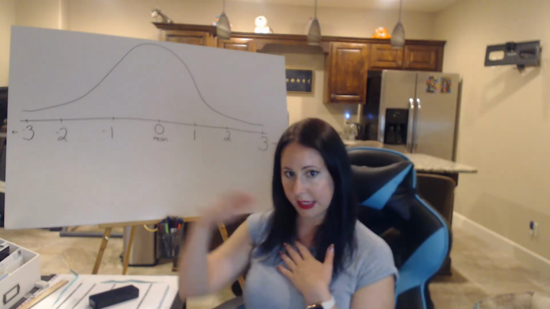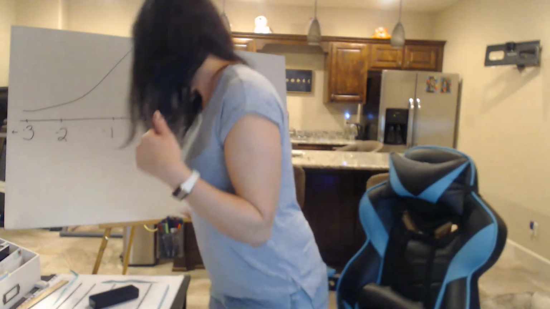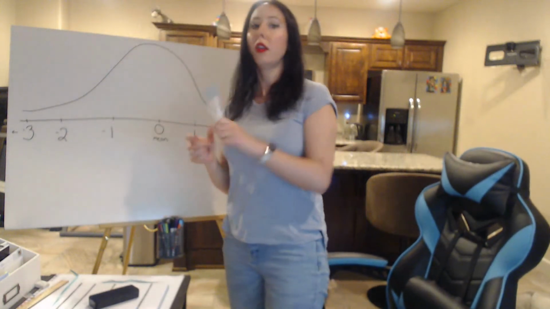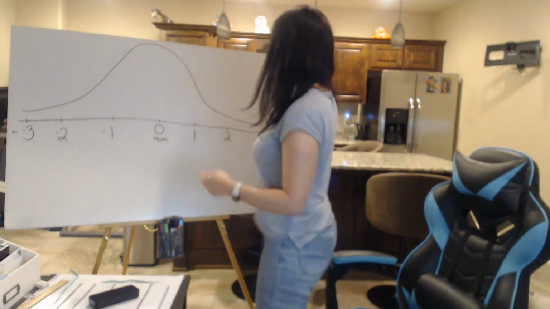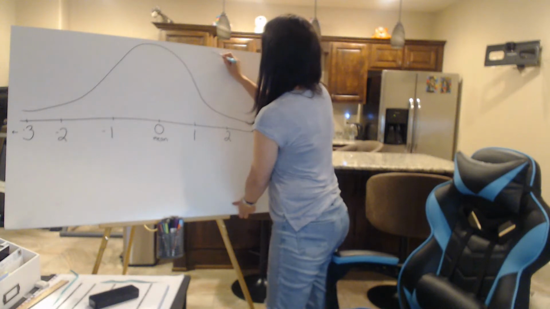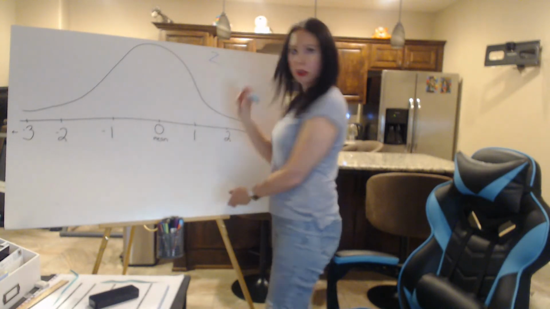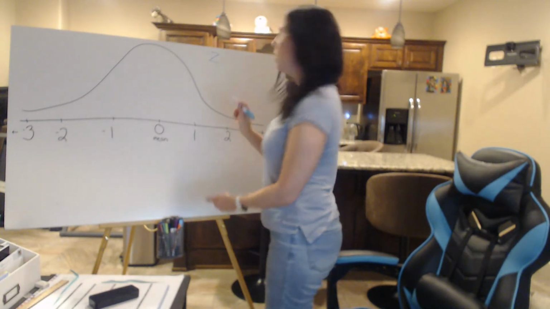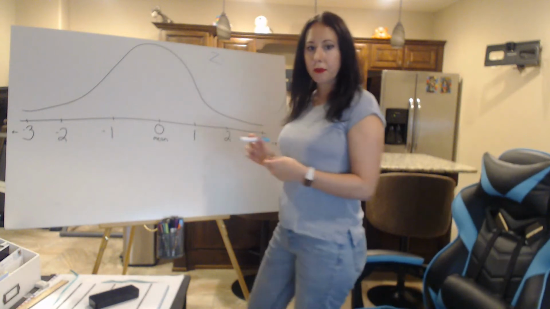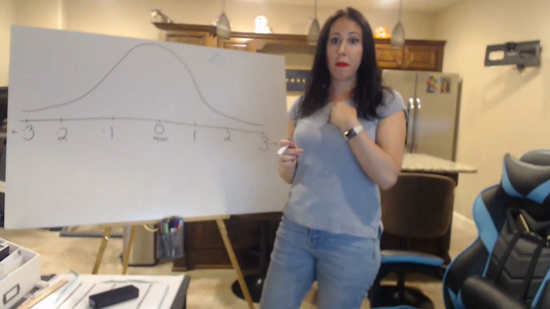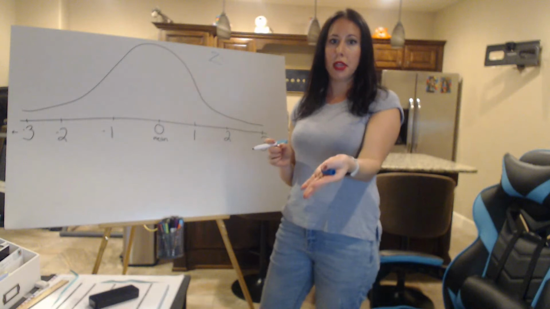Well, I scored a 60 and the mean was 50, right? So to calculate my z-score, z equals, I'm going to start with my score minus the mean.